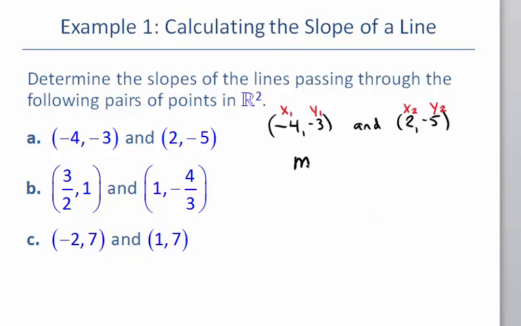We'll then take our formula for slope, which is y2 minus y1 divided by x2 minus x1. The letter m is commonly used as a symbol to denote slope. And then we'll plug our numbers in. In place of the y2, we're going to put a -5.